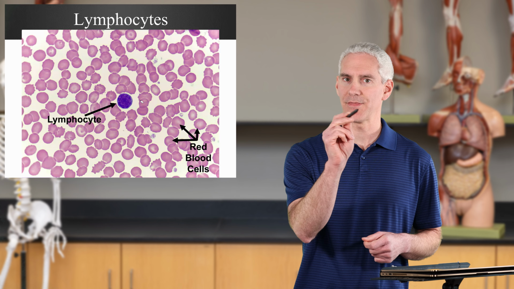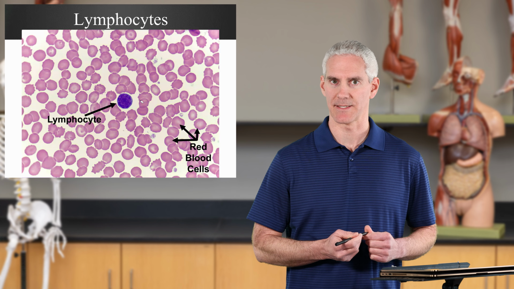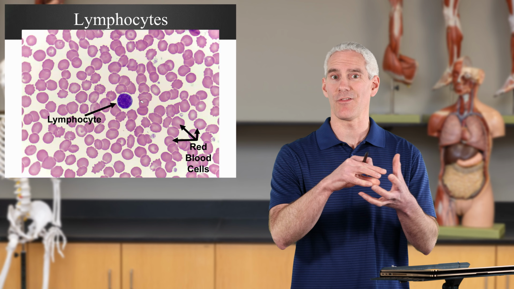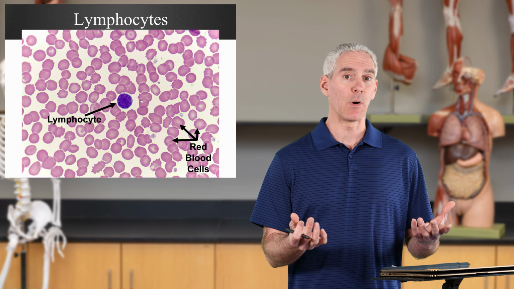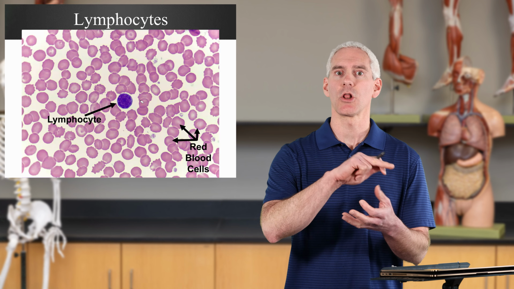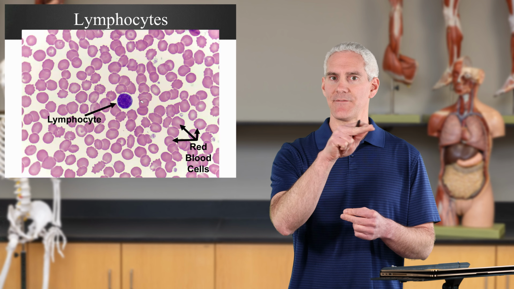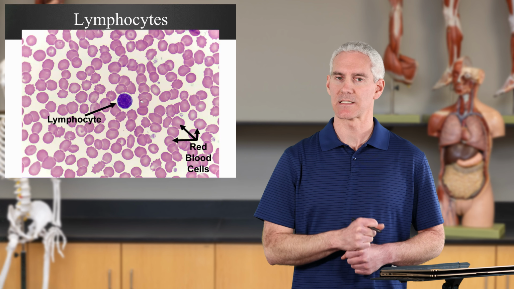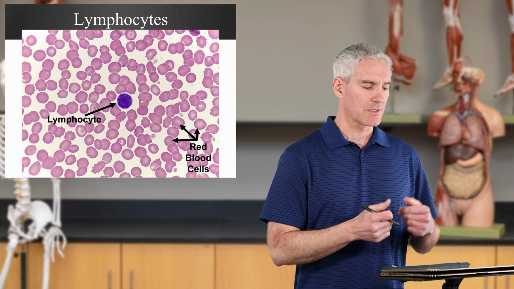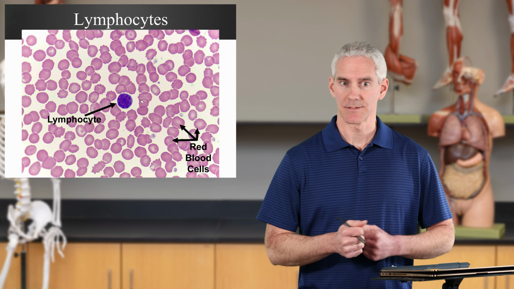The basophil had those bumps from the granules on the outside, plus you can see all the granules throughout the cell being very dense. But if they both just look solid purple, look at the outside edge. If it's smooth, lymphocyte. If it's bumpy from granules, that's a basophil. So this is your lymphocyte.